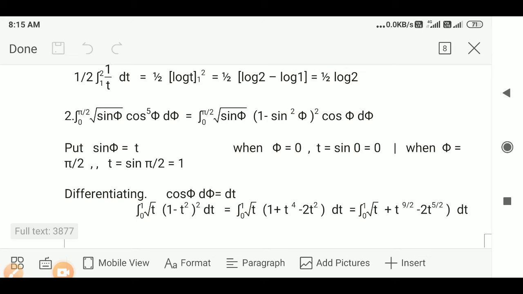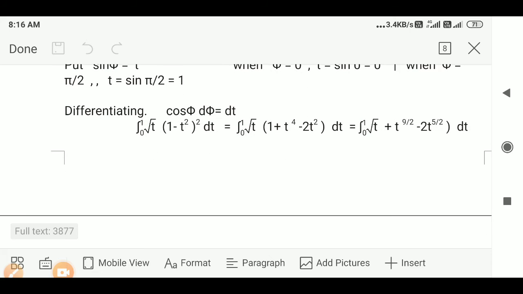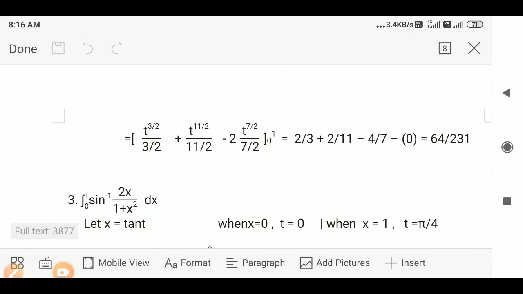Opening this, we get 1 plus t power 4 minus 2t square dt. So this is equal to 0 to 1 root t plus t power 9 by 2 minus 2t power 5 by 2, after multiplying root t. We get this.